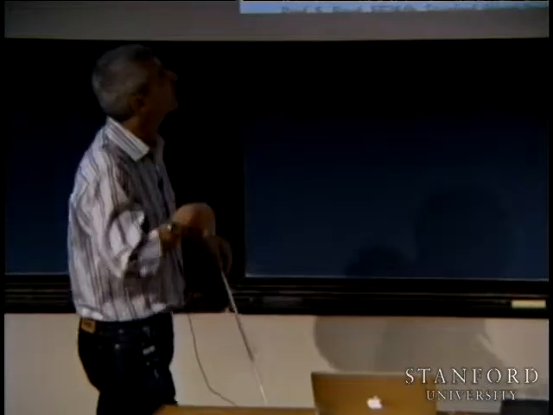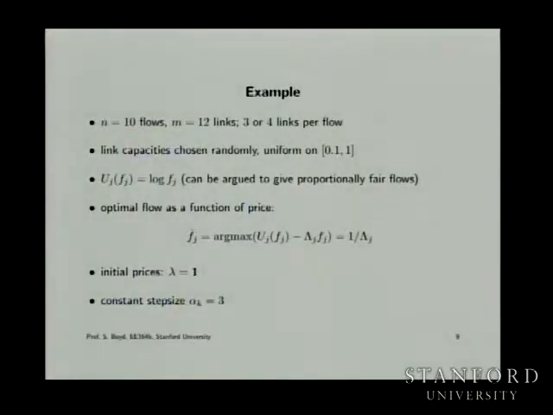So I have 10 flows, 12 links. Now I should add, just to make sure this is completely clear, that if you needed to solve a flow problem with a million flows, 2 million edges, 5 million edges, whatever, by far the best method would be just an interior point method.